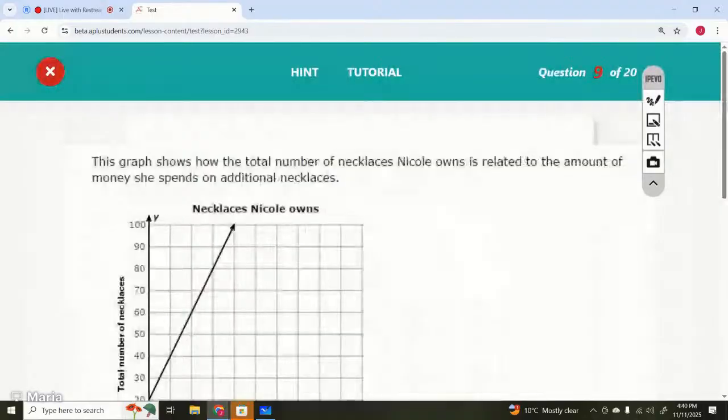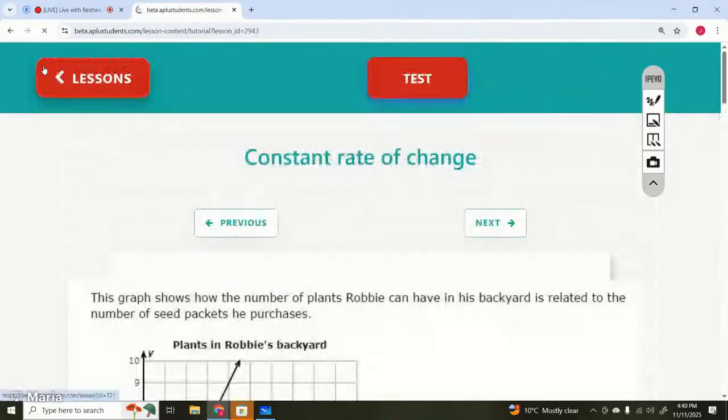Okay, you can complete the lesson by yourself later today. So we were working on grade 7 math. The chapter we were working on is ratios, rates and proportions.